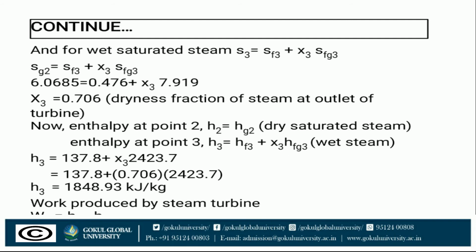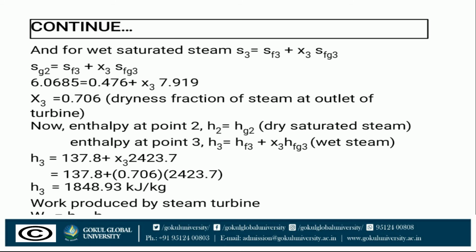Therefore, Sg2 is equal to Sf3 plus X3 into Sfg3. The value is 6.0685 equal to 0.476 plus X3 into 7.919. Therefore, X3, the dryness fraction, is equal to 0.706. It is unitless. This is the dryness fraction of steam at the outlet of the turbine.